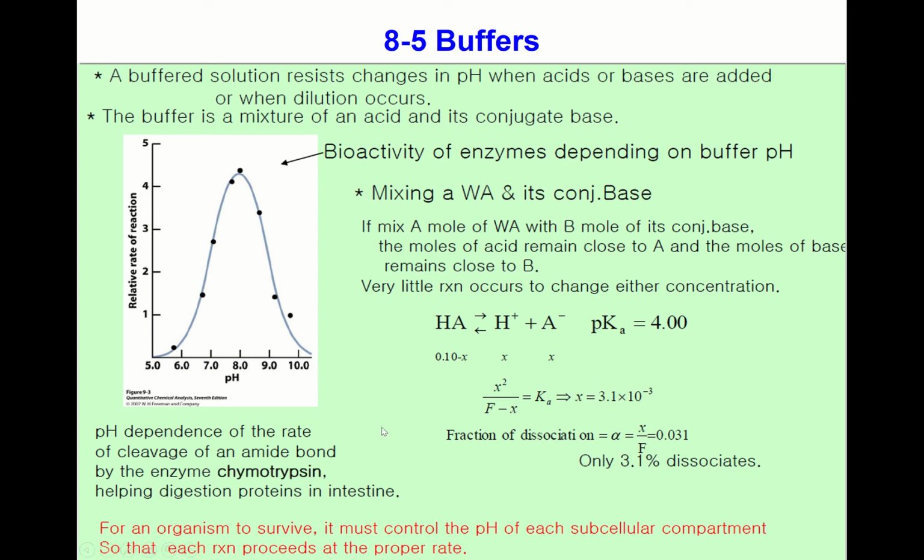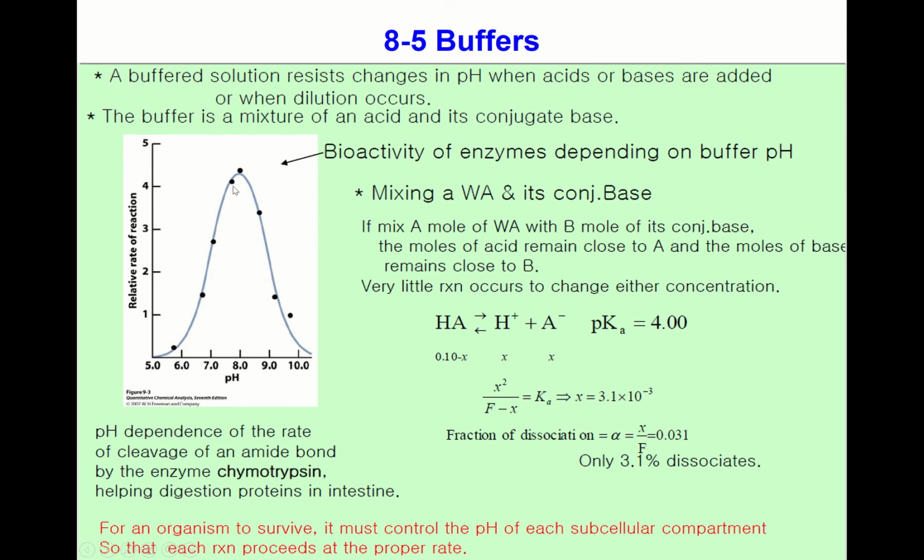Here let's look at this figure. This is the pH dependence of the rate of cleavage of amide bond by the enzyme chymotrypsin, helping digestion of proteins in the intestine. The point is that the reaction rate changes with buffer solution pH.